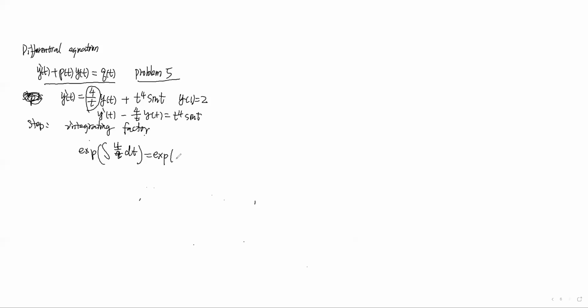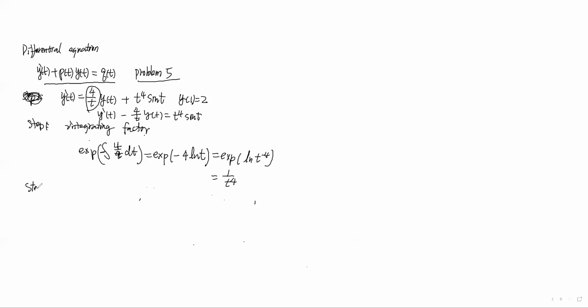So p(t) is negative 4 over t, and the integral is negative 4 ln t. This is the exponential of negative 4 ln t, so this is 1 over t^4.